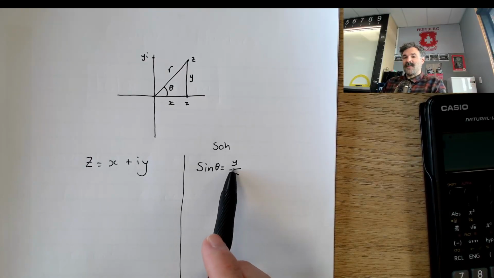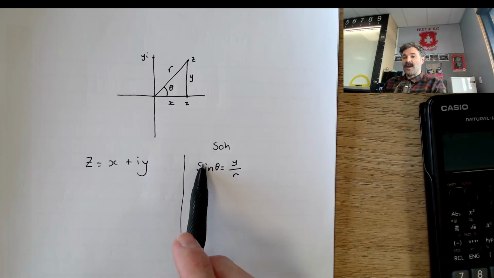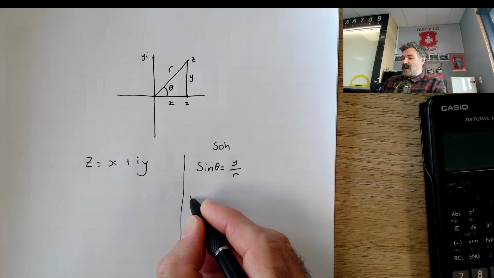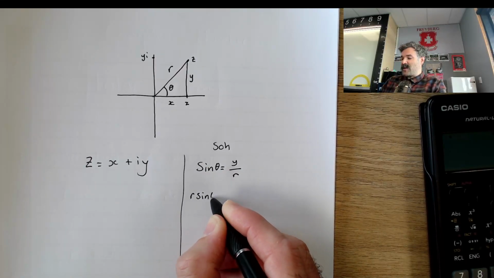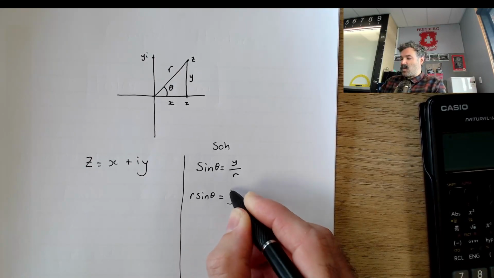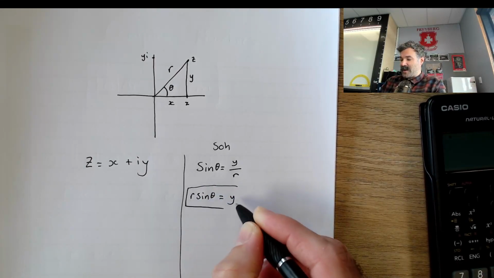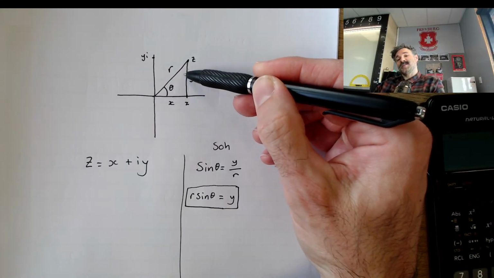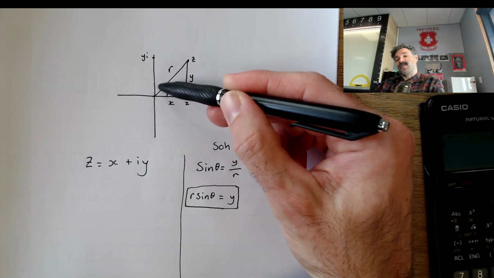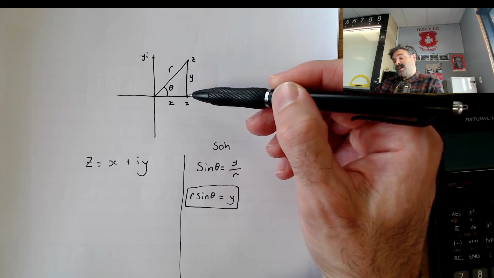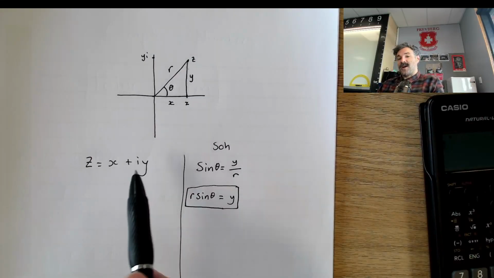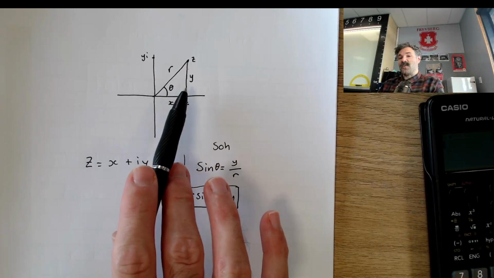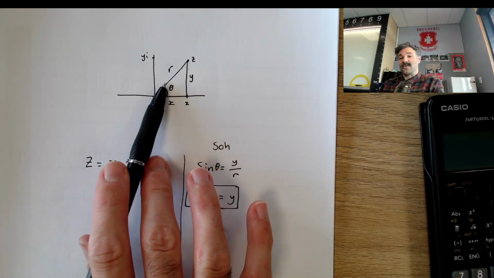I'm going to take this divided by r and multiply it up to this side. So this would be r times sine of theta is equal to y. I'll put a little box around that. We're going to come back to this later. In other words, this length y can be thought of in terms of the right-angled triangle and SOHCAHTOA: r times sine of that angle would give me that length.